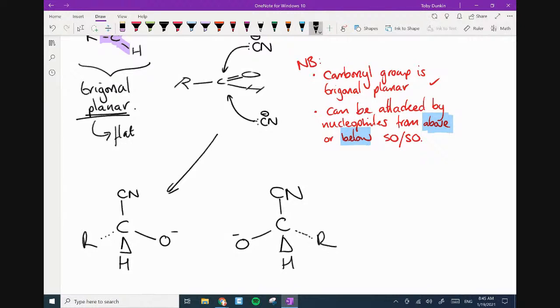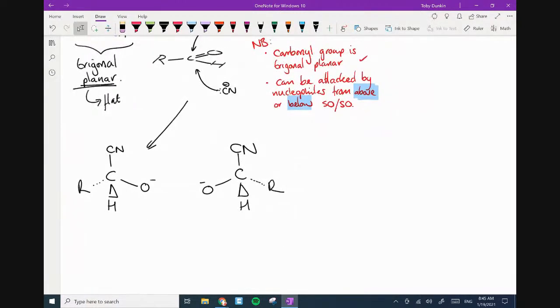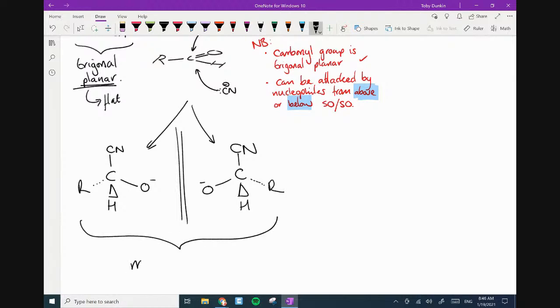They look exactly the same, but they are not. Because these are three-dimensional, these are mirror images of each other. Mirror image.